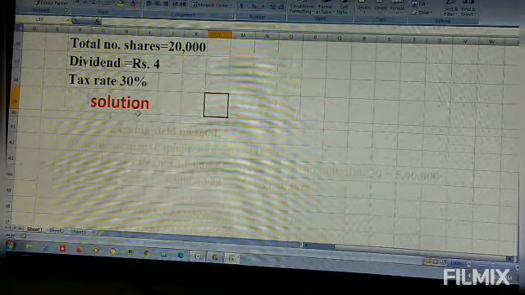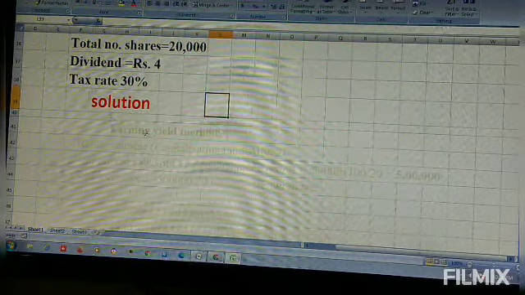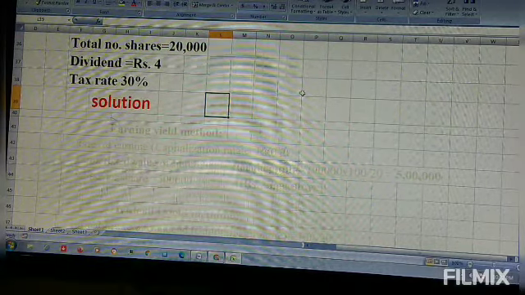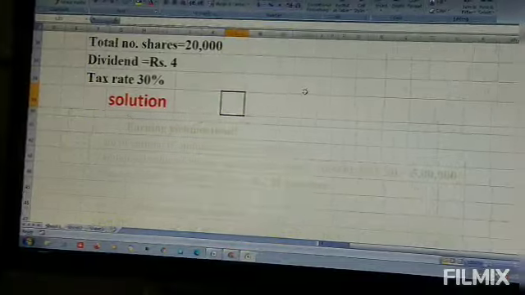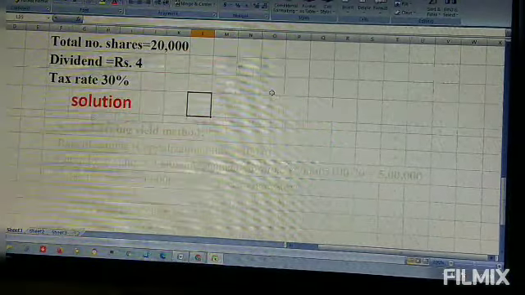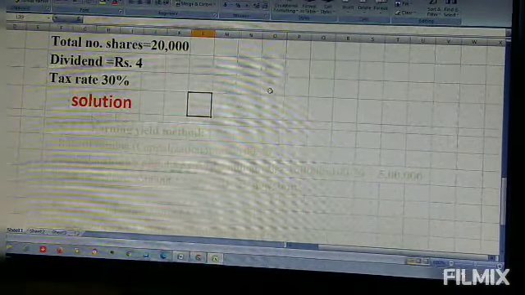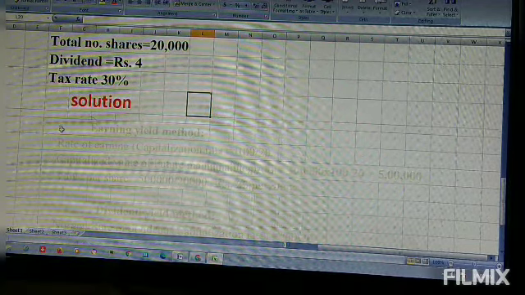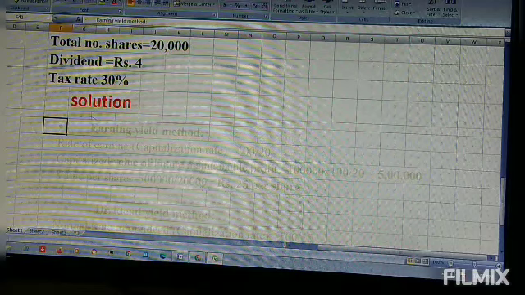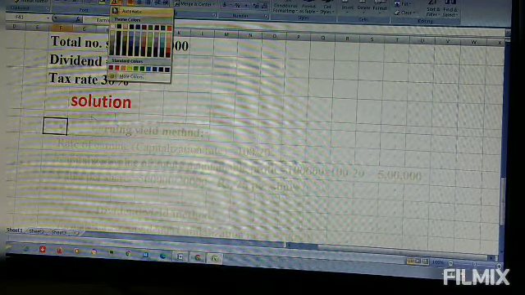Now the first two methods are here. In the yield method there are two methods. One is the earning yield method, another is the dividend yield method. First let us take the earning yield method. Using the earning yield method, we have to calculate the value of the shares.